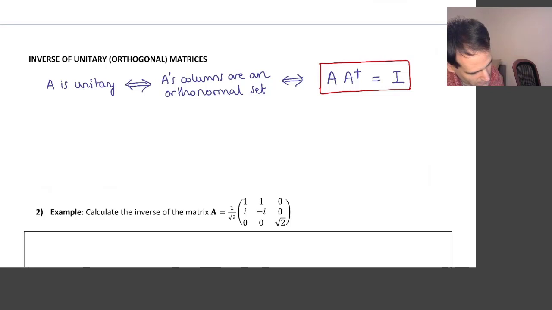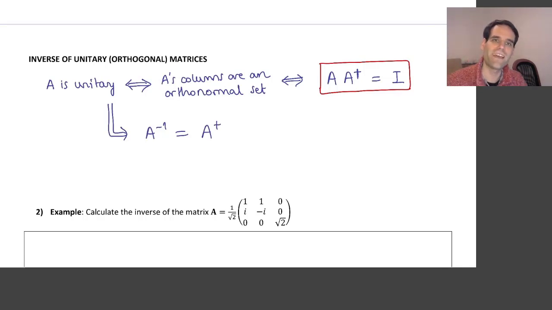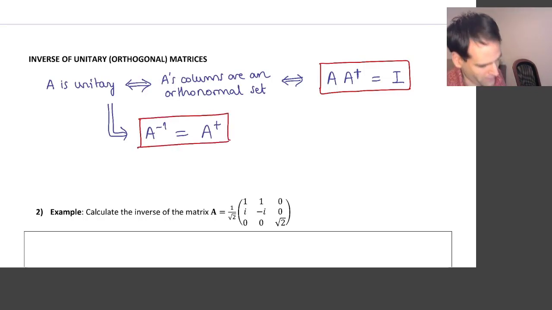So this means that when A is unitary, this means that the inverse of A is A dagger, the Hermitian conjugate of A. And calculating A dagger was very easy. Remember, you just had to do the transpose and then do the complex conjugate. Yeah. So this is how to calculate the inverse for a unitary matrix.